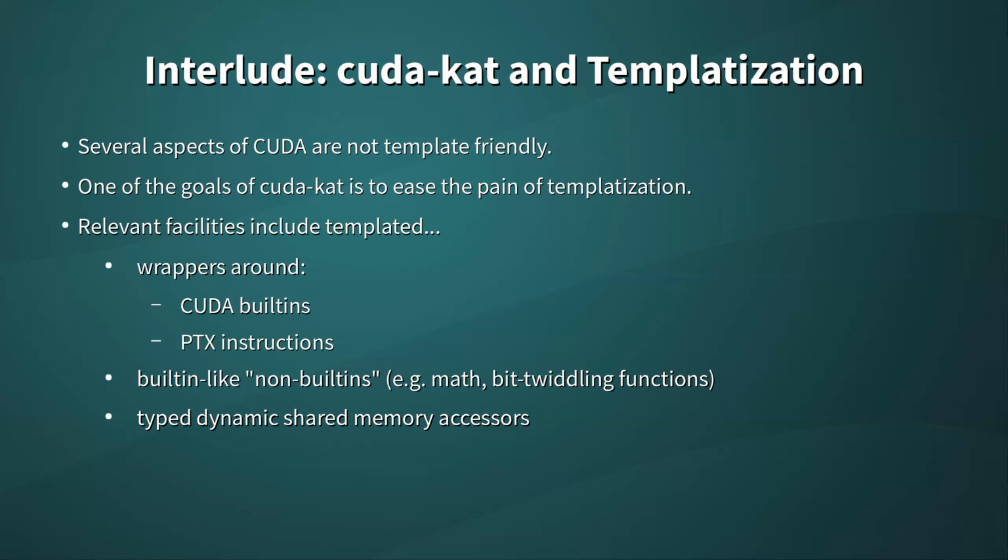There is this annoying situation, which I won't go into, that NVIDIA actually provided a solution for. If you want to use dynamic shared memory with templated functions, your compiler might shout at you because there's sort of a clash. So there's, I guess you could say, a folklore solution that NVIDIA provided, and it's baked into CUDA KAT, and it's even a bit easier.